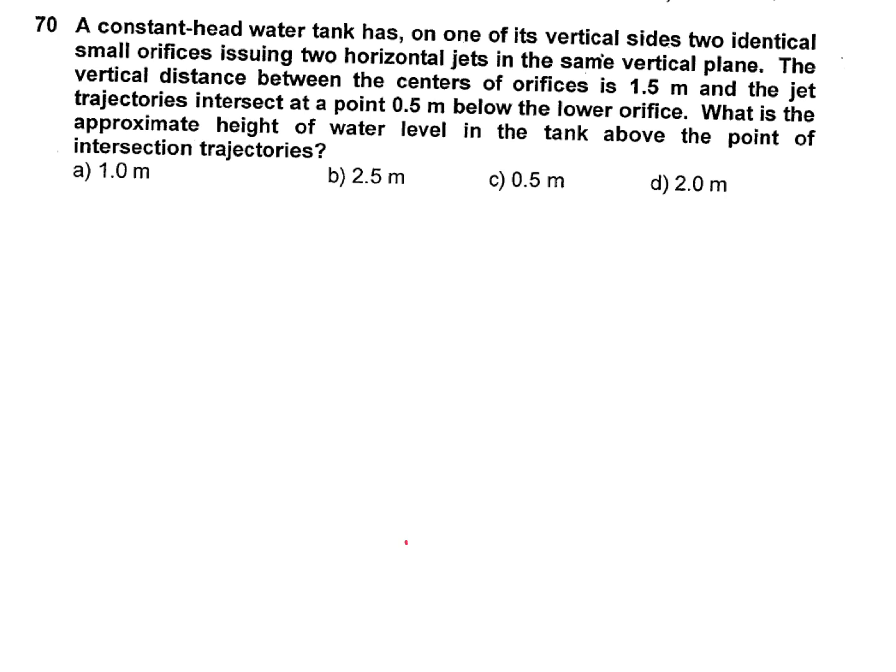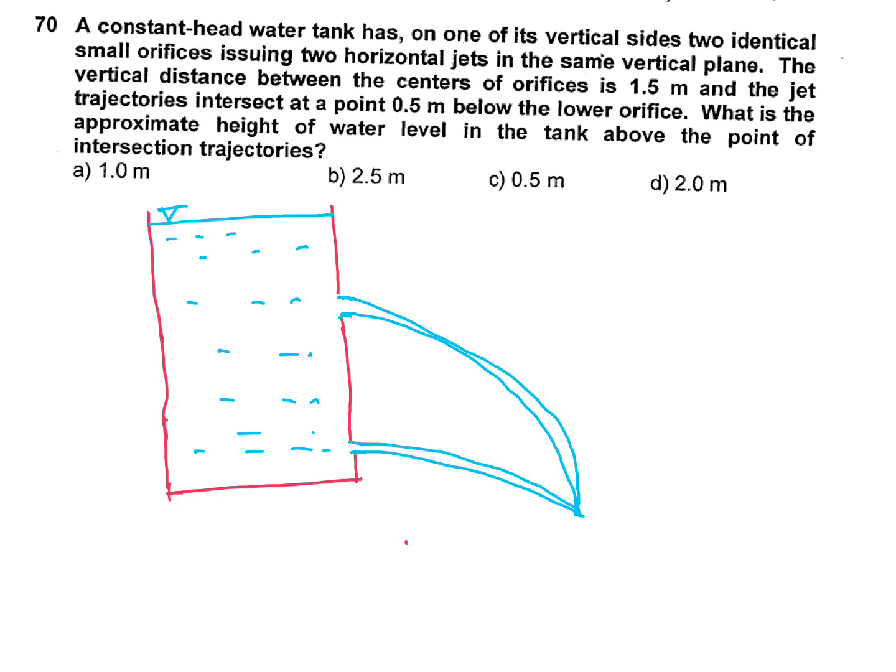First we will draw the diagram. Let this be point 1 and this is point 2. This is the trajectory.